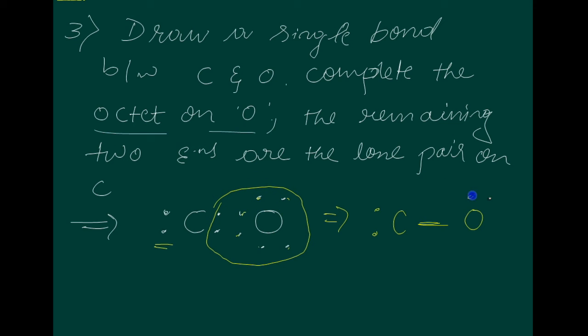The remaining electrons are 6, with 2 shared and 2 shared, so you can write it like this: C and oxygen. Now oxygen has an octet structure, 1 through 8. Next, write down the fourth step.